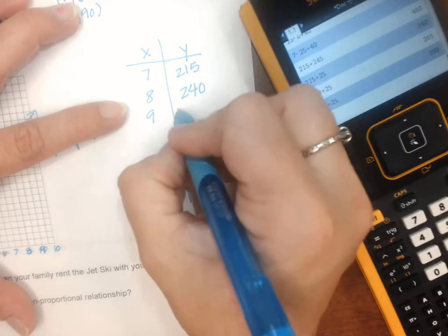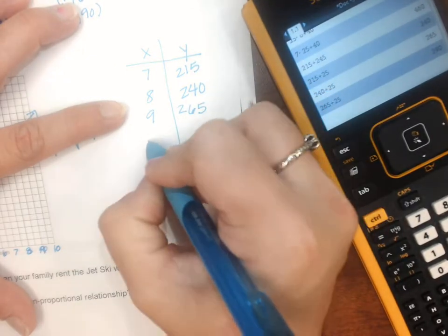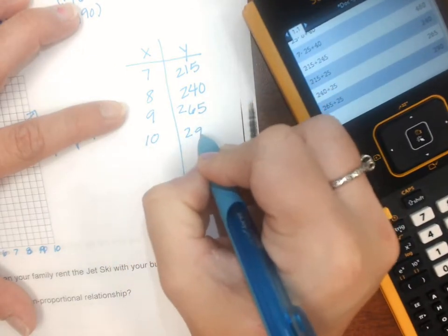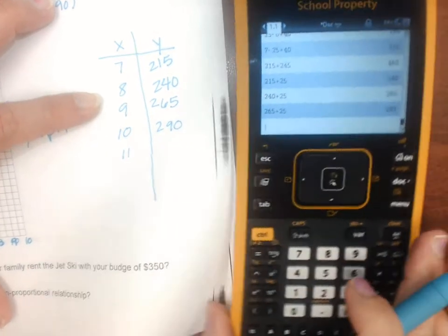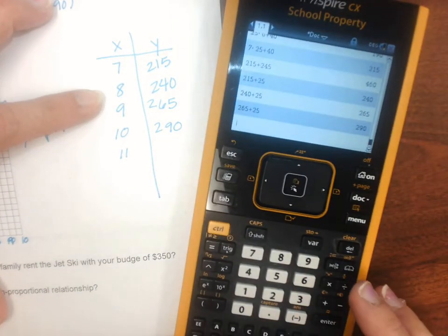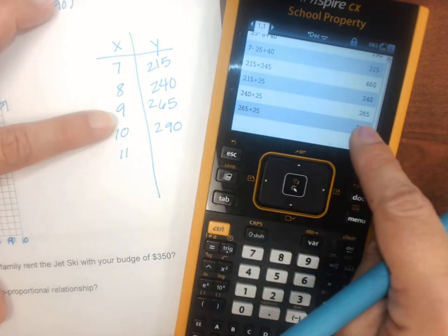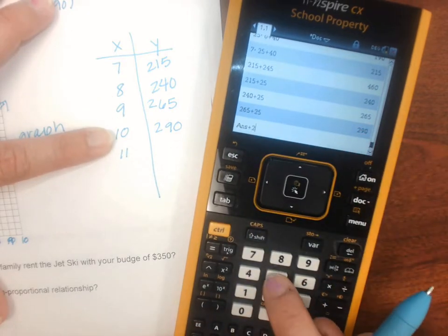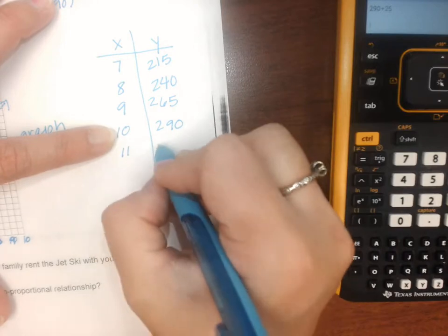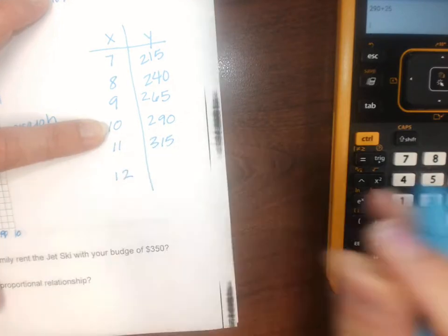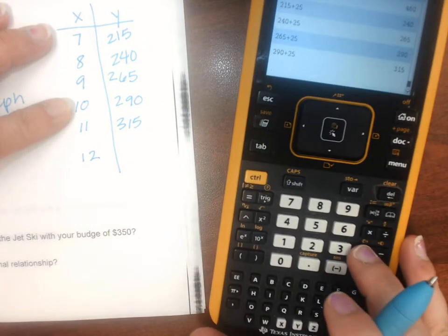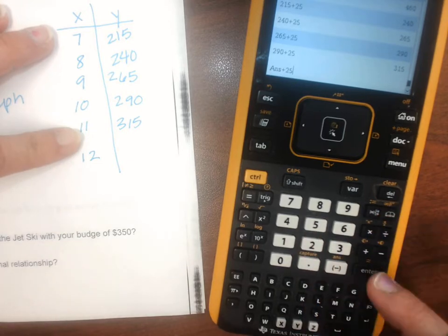Okay, so 265, 10 is 290, 11, make sure I'm doing that right, 240, 265, 290, 315, and I feel like we're going to bust here. What do y'all think? So plus 25.